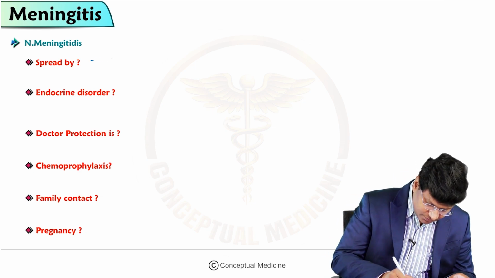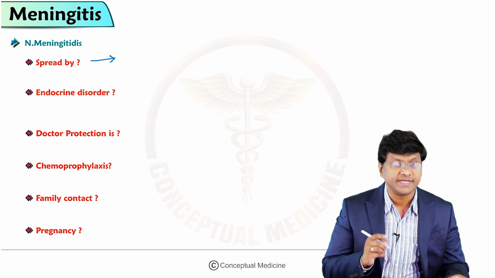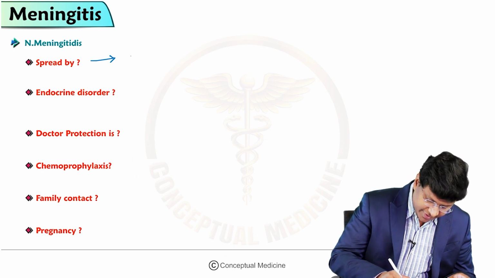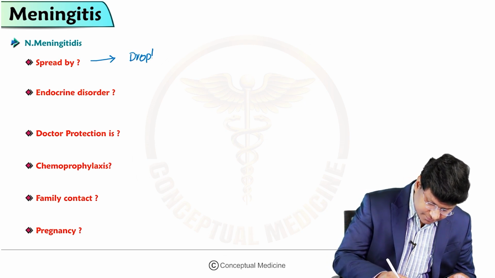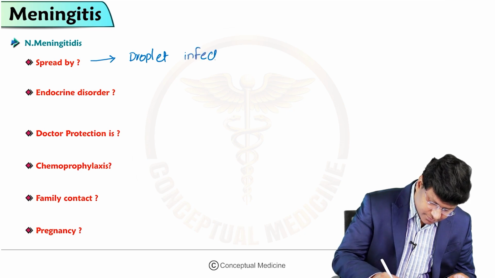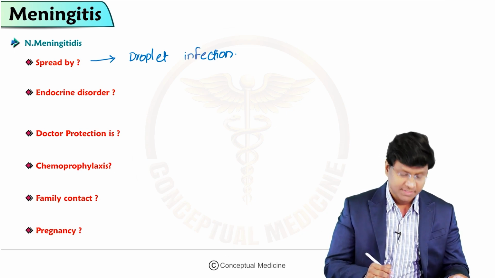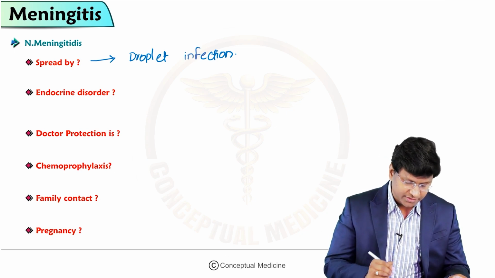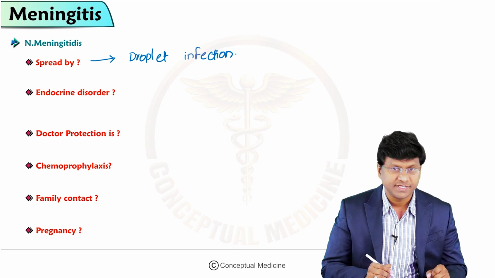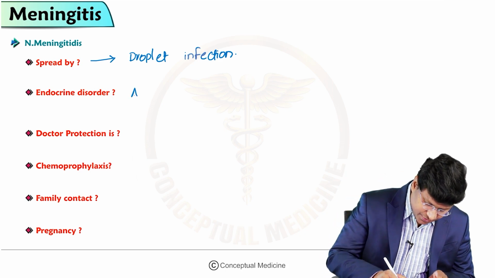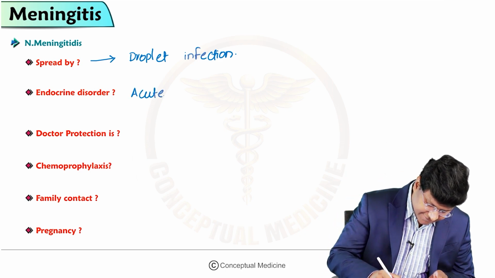This Neisseria meningitidis is spread by droplet infection. And the endocrine disorder which is associated with the development of Neisseria meningitidis infection is acute adrenal insufficiency.